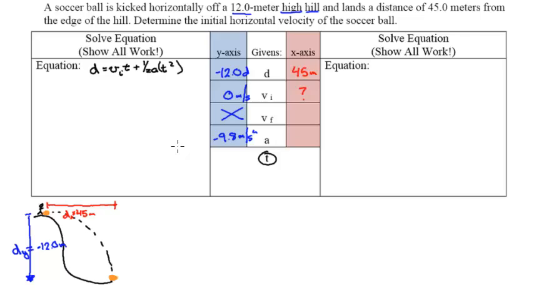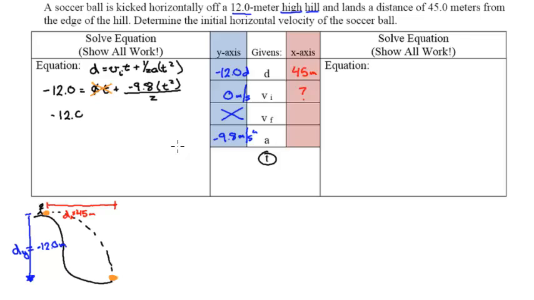Let's replace numbers for letters. That's negative 12.0 equals velocity initial, which is 0, times time, plus the quantity negative 9.8 times t squared over 2. This blows up because I'm multiplying by 0. I'm going to simplify.